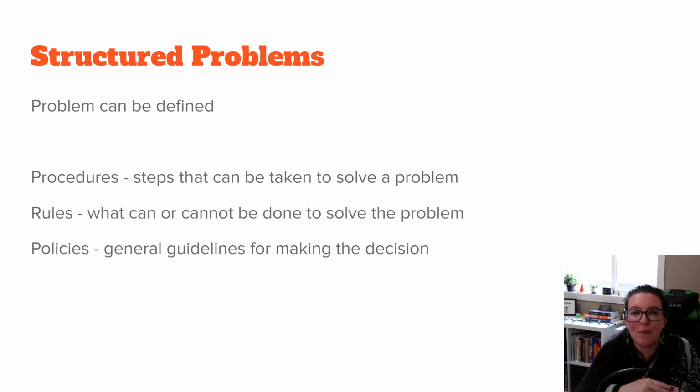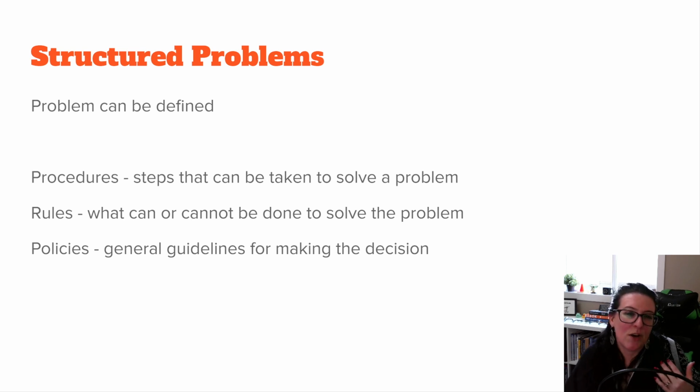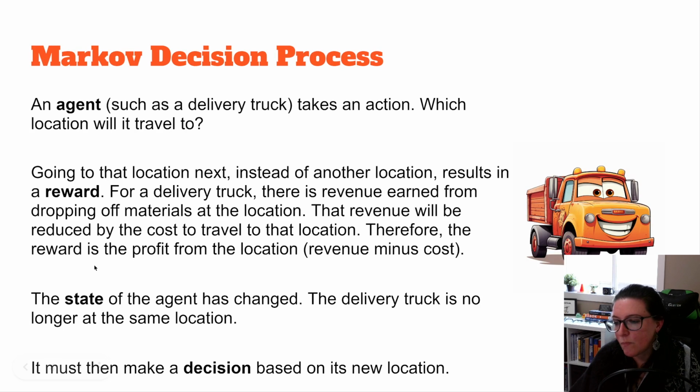It doesn't have to move the ball. So working outside of those limits, and that comes down to, did we not well define the rules about what can or can't be done to solve the problem? And then there are policies, general guidelines for making the decisions, how we prefer what the solution looks like. And so when we look at these structured problems, we have procedures, we have rules, we have policies.